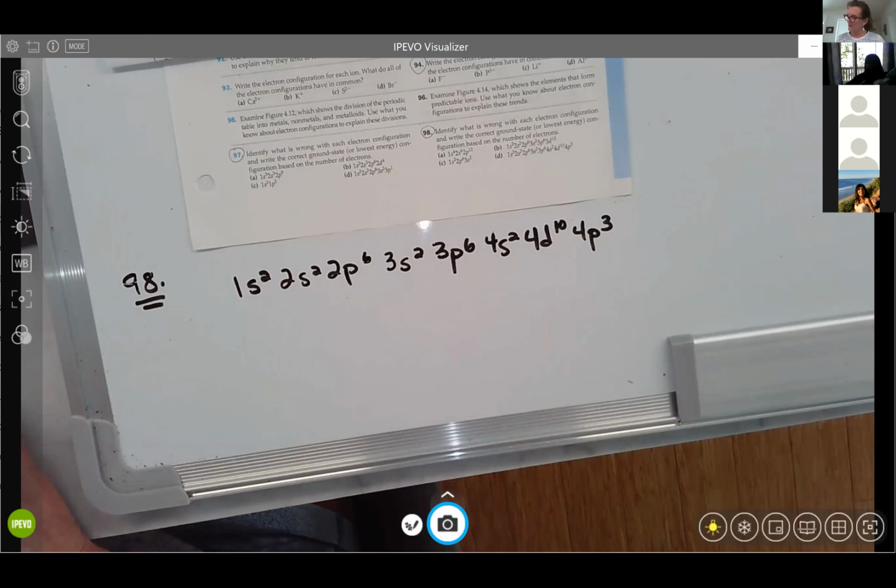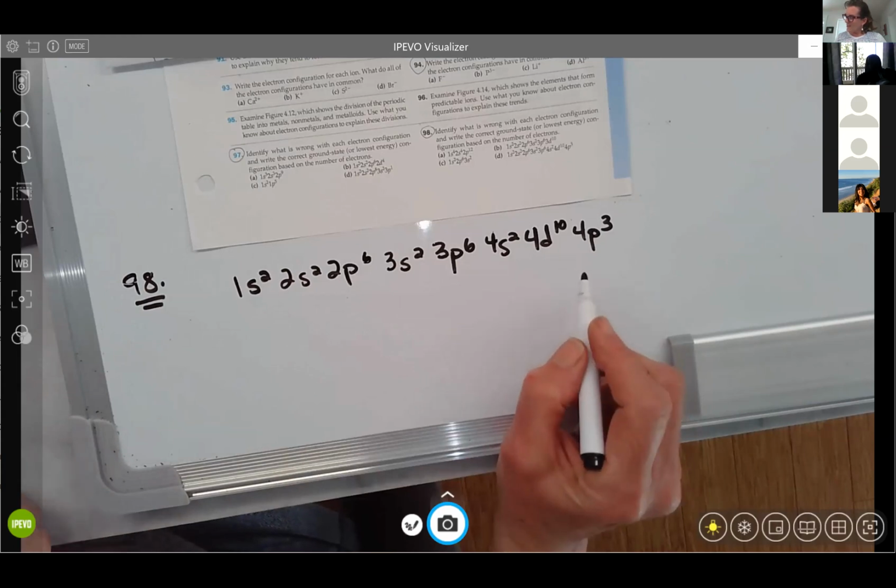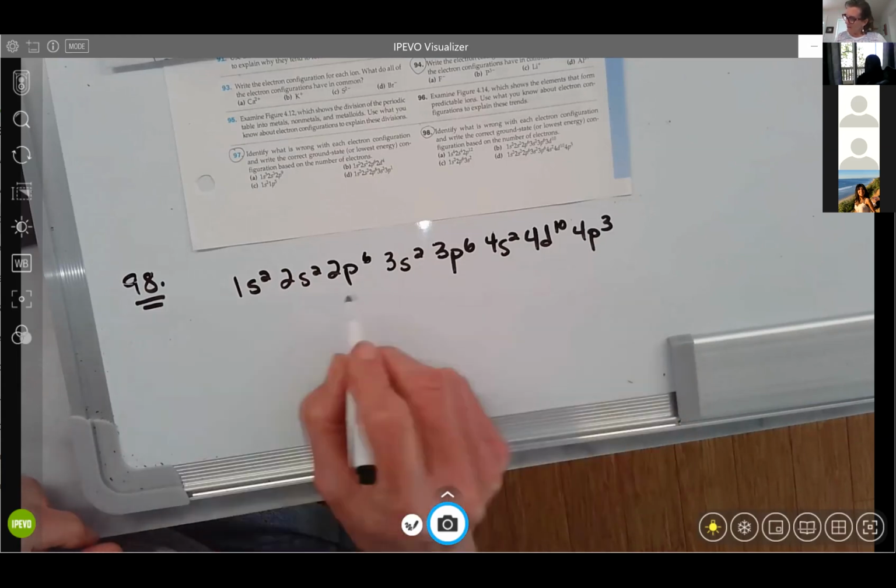What are we missing? You guys can type. Drew answered: we are missing 3d10, right?